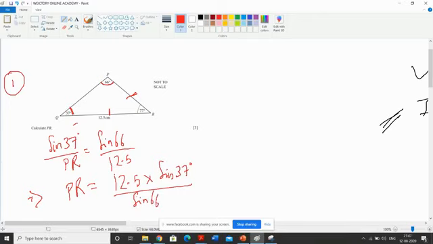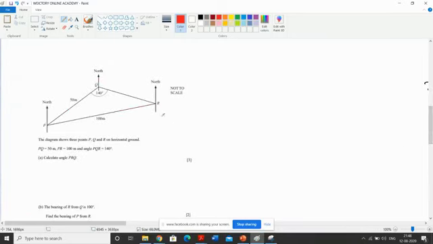So you can use the calculator and get the answer. 12.5 multiply sine 37 divided by sine 66, and you will get 8.234. In three significant figures, we can write 8.23 centimeters. That's the answer.